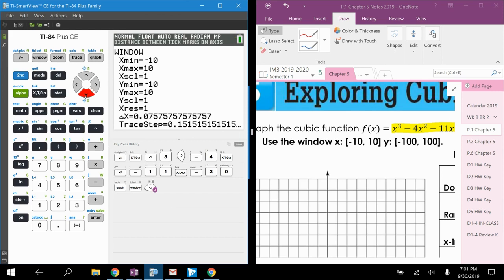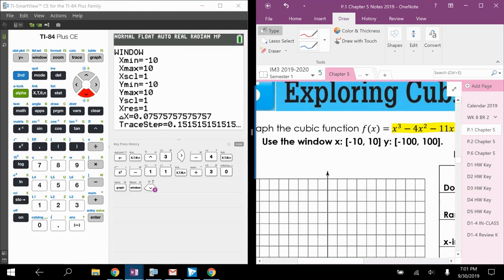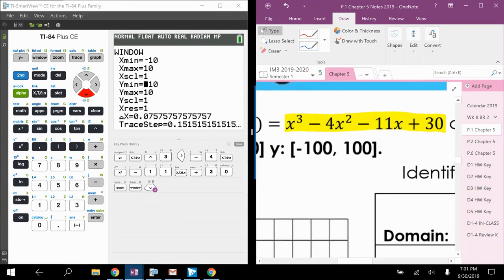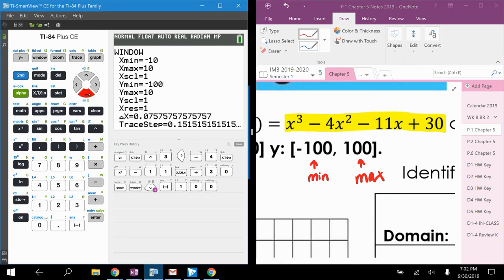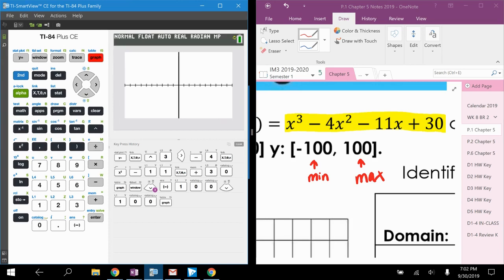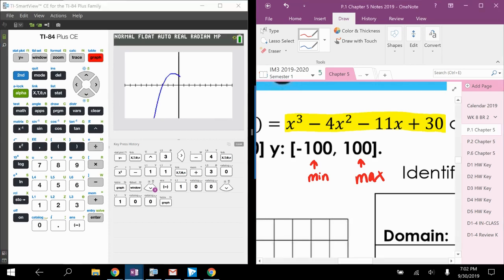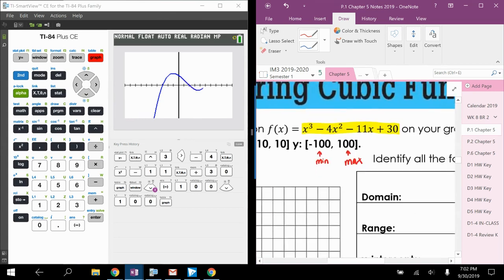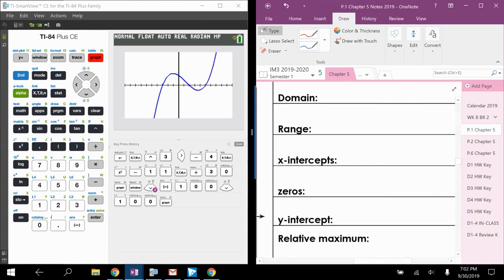Scroll down and go to your y min. According to our notes, this is going to be our y min and our y max. We're going to type that into the window part. So -100, scroll down, and then 100. Now that you have adjusted your window, you can go ahead and press graph and now see what it looks like. You can see here it looks way better and way easier to read than before.